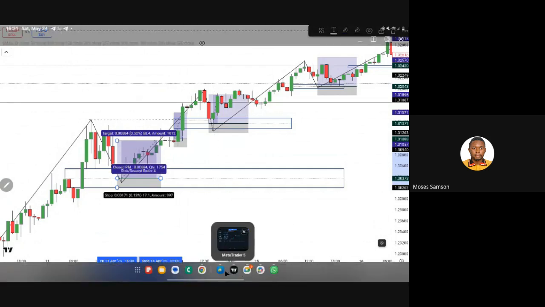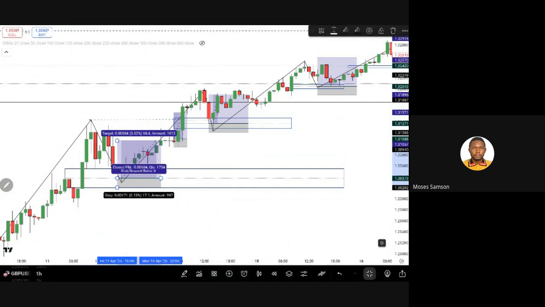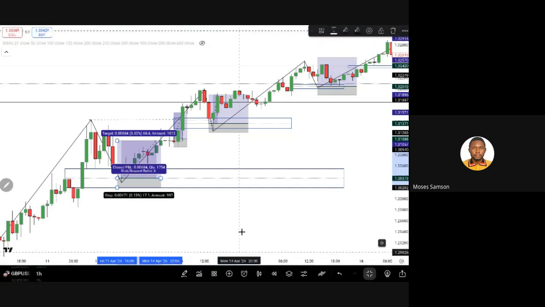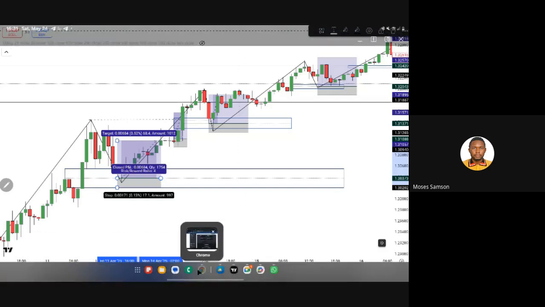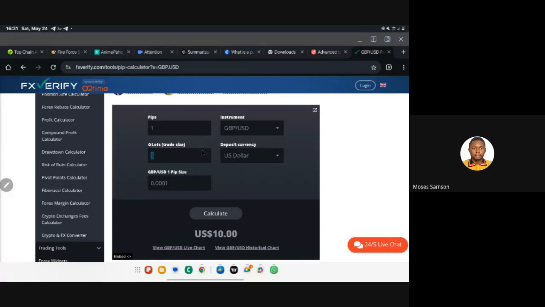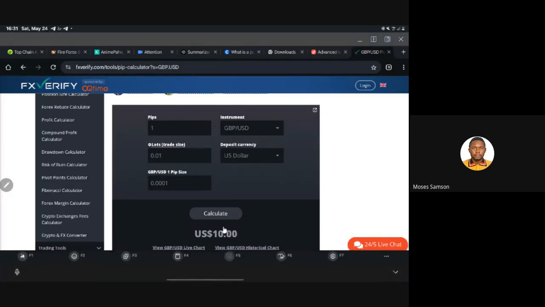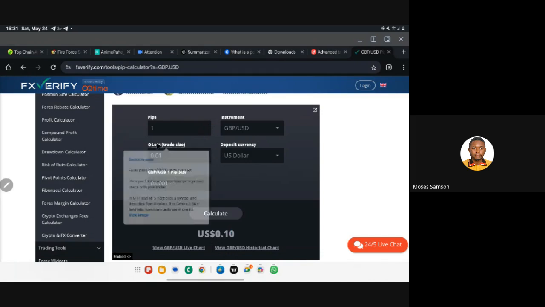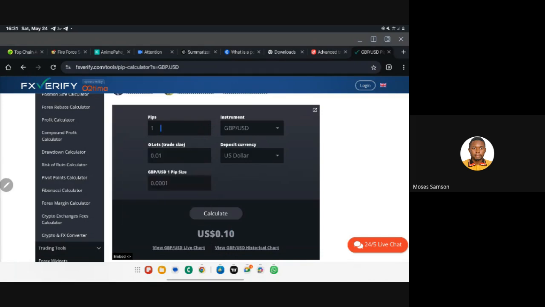But let's break it down to a lot size that is actually practical, because not a lot of people have $100,000 accounts. Back to our calculator. So 0.01 lot, one pip would be 10 cents.